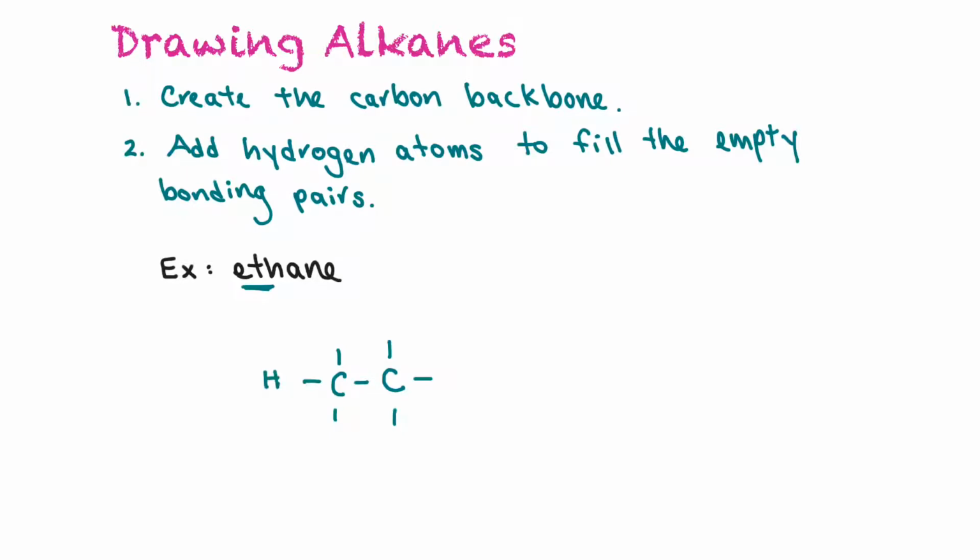And then we draw hydrogen, like so. Now you could draw it in the more condensed format, so that would be CH3, CH3. So the end carbons will always have 3 hydrogens, and all the ones found in the middle of the chain would be CH2 if we're talking about an alkane.